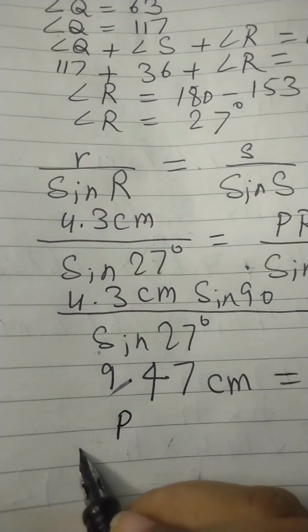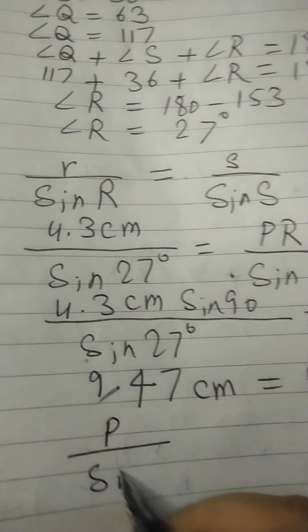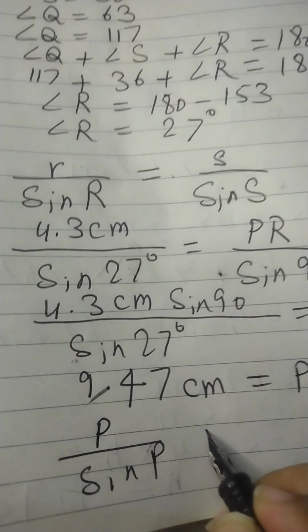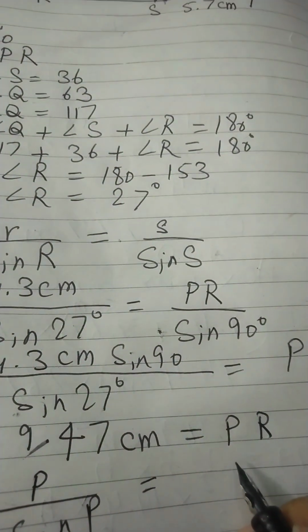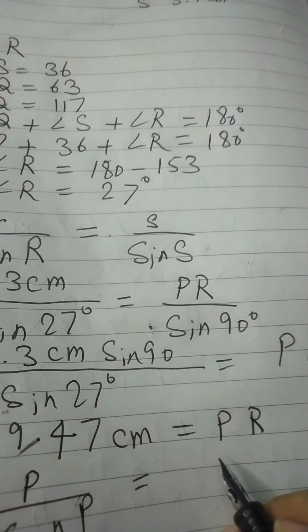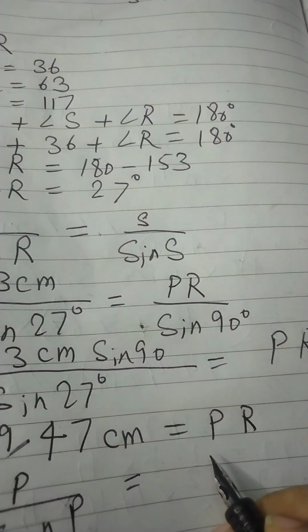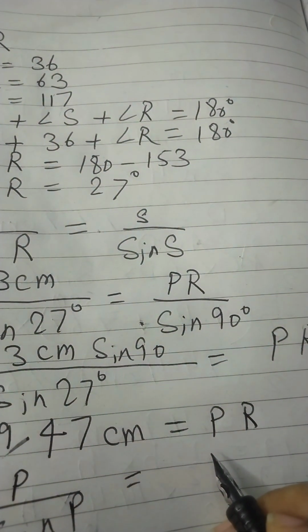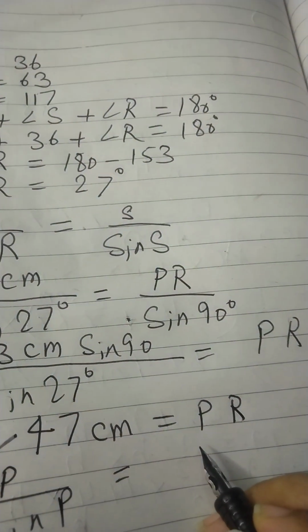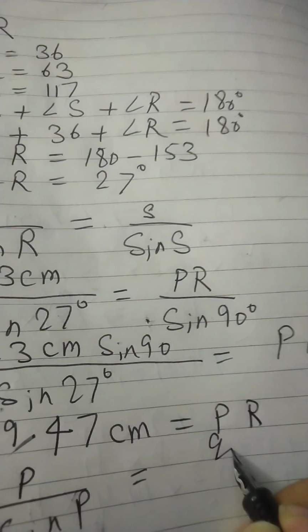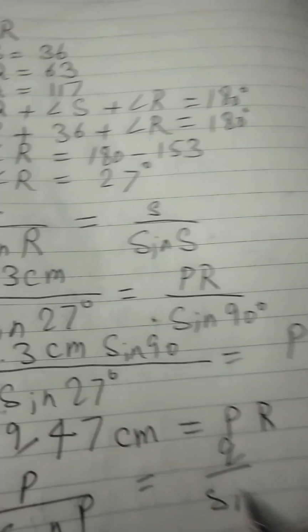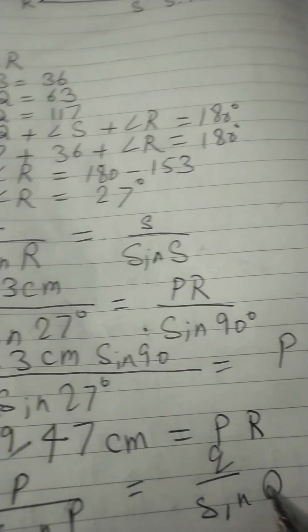P over sine P is equal to Q over sine Q.